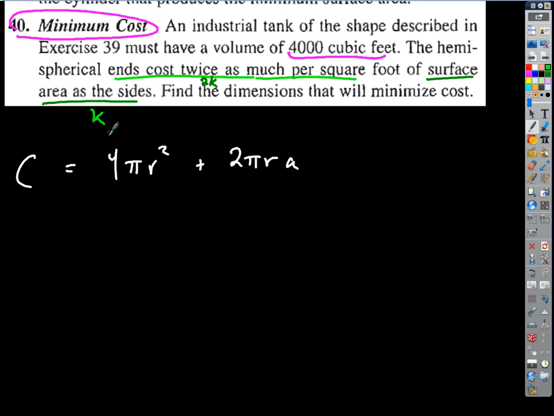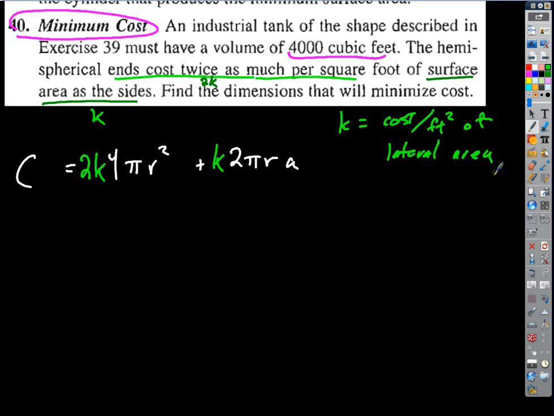So we're going to multiply the more expensive parts by 2k and the least expensive part by k, where k equals cost per square foot of the lateral area, we'll call it, right? The area of the barrel.